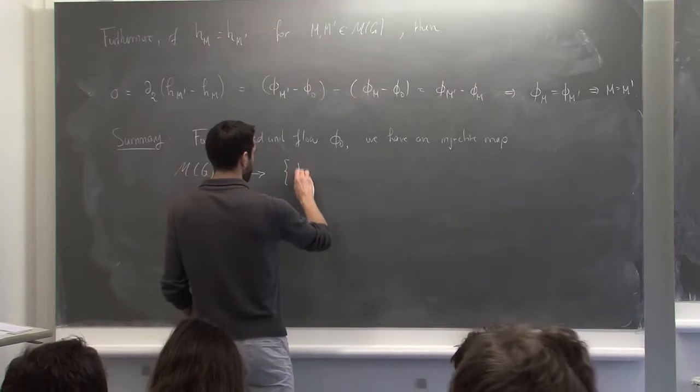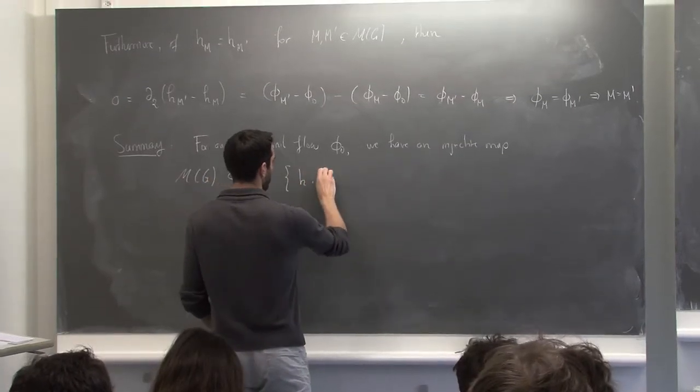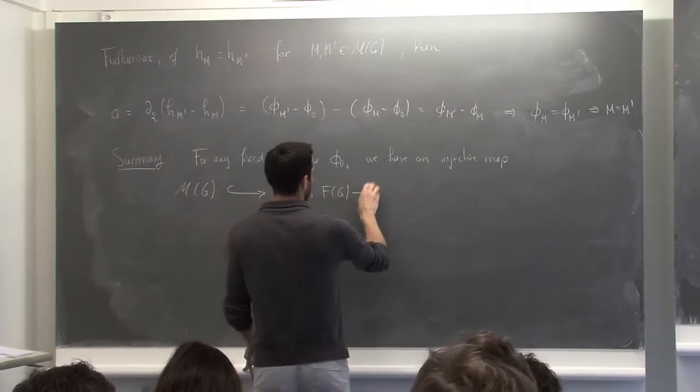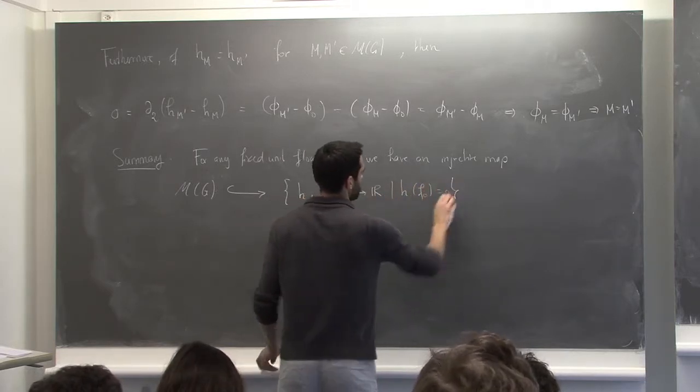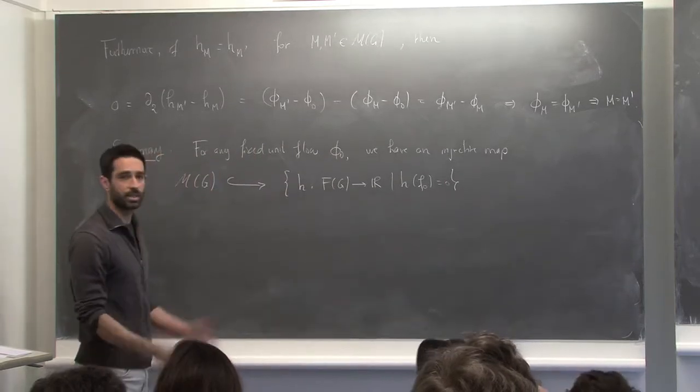So these are functions h from the faces of the graph to R, such that they take the value 0 on some fixed face.